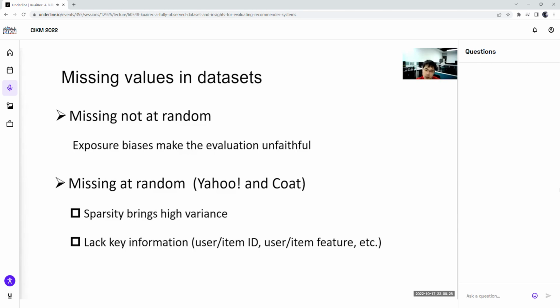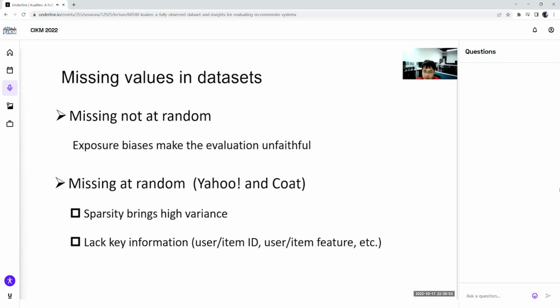Basically, there are two kinds of missing values in the datasets. If the data is missing not at random, various exposure biases will make the evaluation unfaithful. To solve it, some previous researchers built two datasets which are missing at random. It has been proven that we can conduct unbiased evaluation on data which is missing at random.